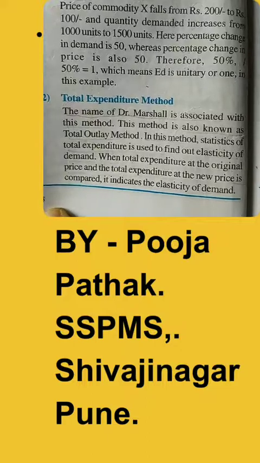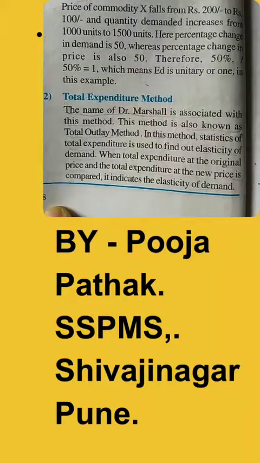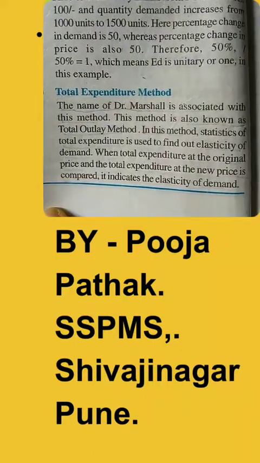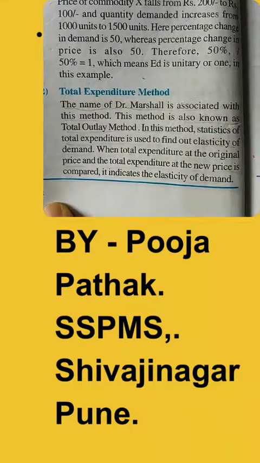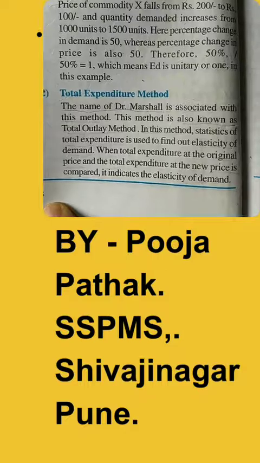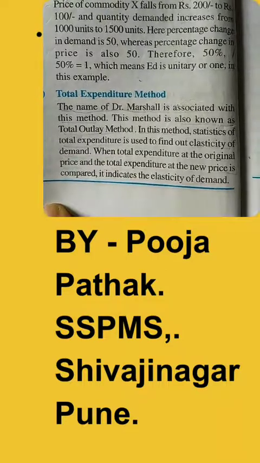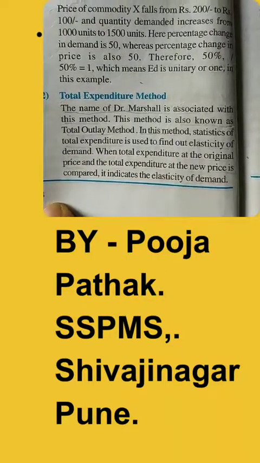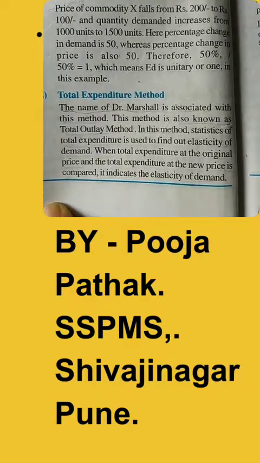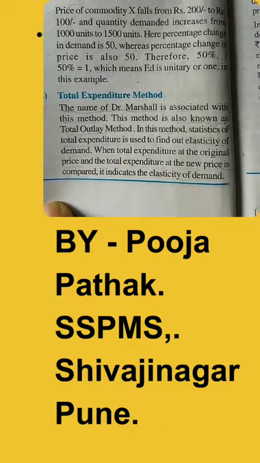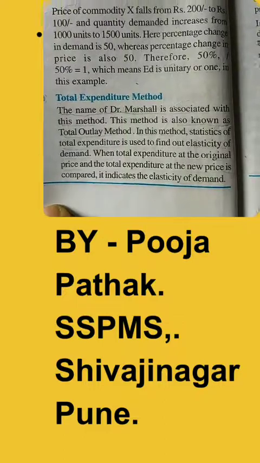So let us see the total expenditure method. This method was also developed by Dr. Alfred Marshall. In this method we will be calculating the elasticity of demand from the expenditure which the individual is doing.